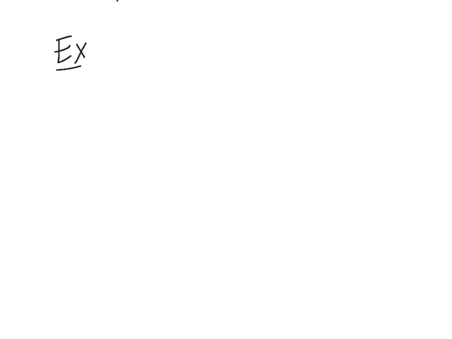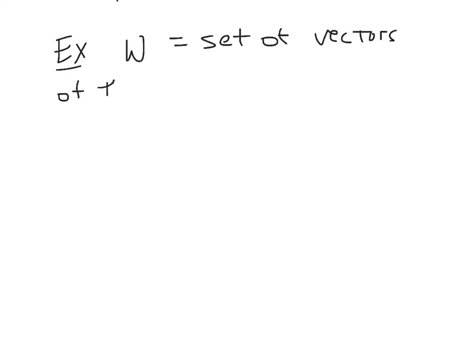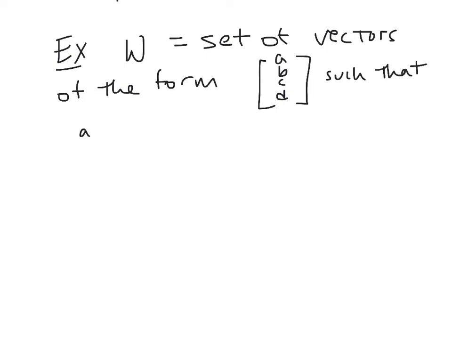So let W be the set of vectors of the form, well, let's see, these are vectors in R4 such that a minus 2b equals 4c and 2a equals c plus 3d.